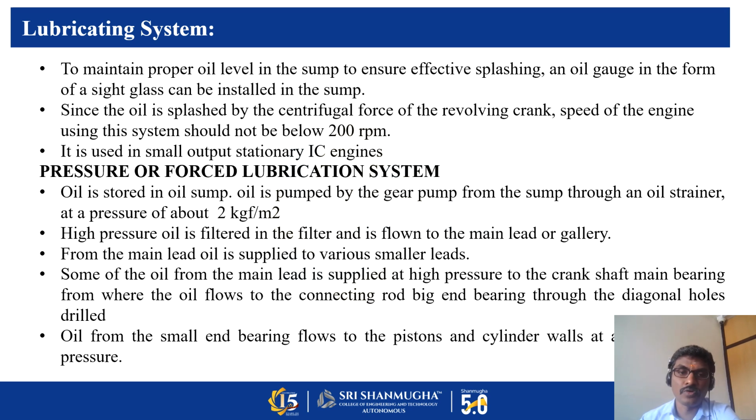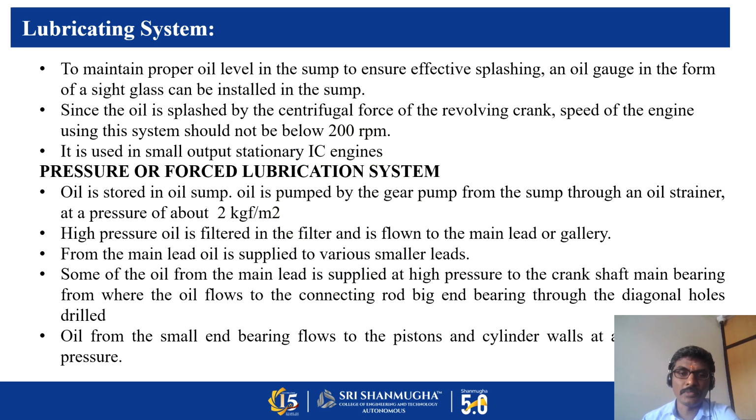Pressure or forced lubrication system. Oil is stored in the oil sump. Oil is pumped by the gear pump from the sump through an oil strainer at a pressure of about 2 kgf per meter square. High pressure oil is filtered in the filter and flows to the main lead or gallery. From the main lead, oil is supplied to various smaller leads.